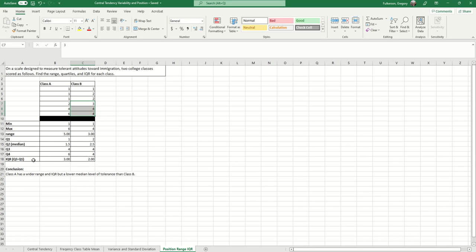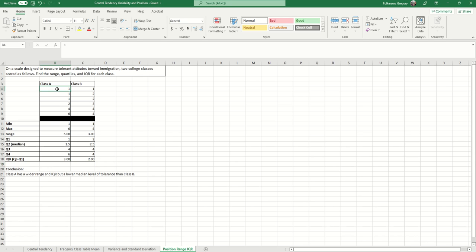So the interquartile range is subtracting, that's Q3 minus Q1. All right, so you can see we have Q3 minus Q1 there, B16 minus B14 for class A. For class B, it's C16 minus C14. So we can see interquartile range is bigger for class A, as is the range.